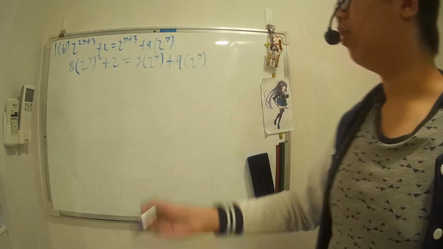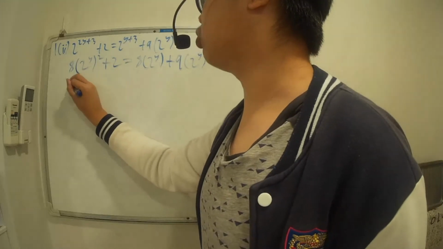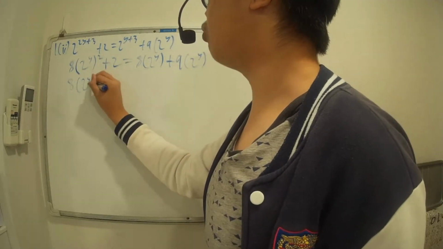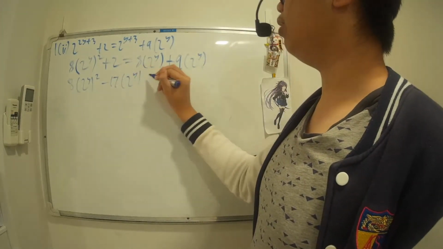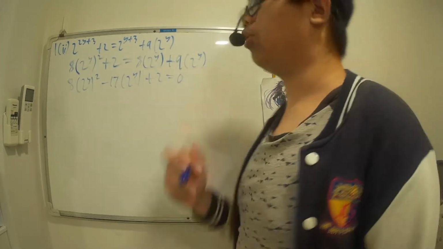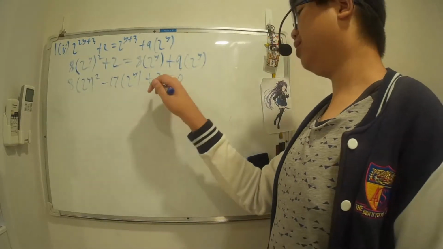Alright, so this becomes 17. I bring this over to the left side, then I have a quadratic equation: 8 times 2 to the power of y squared minus 17 times 2 to the power of y plus 2 equals 0.